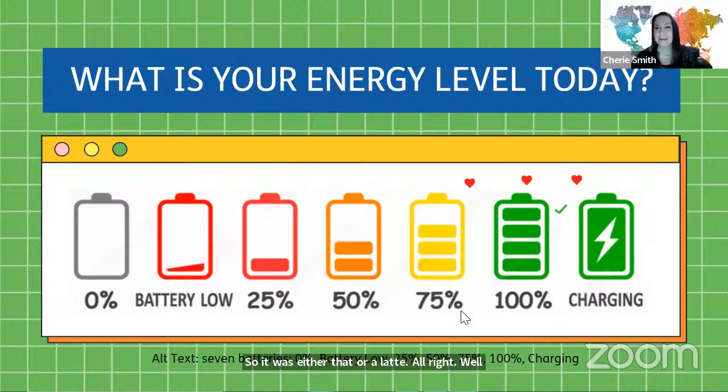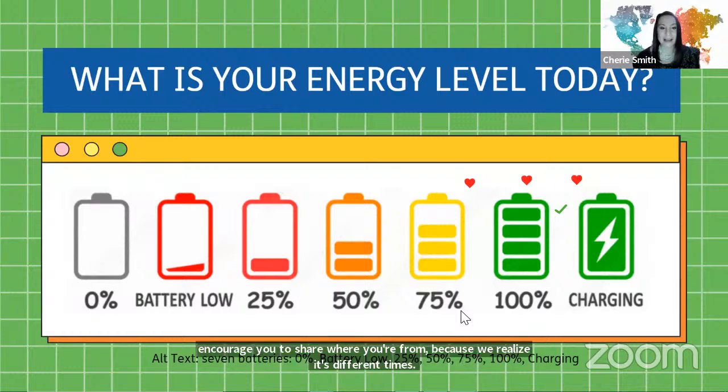All right, well, welcome everybody. I have that it's 10 o'clock on my time, on session time. And so we're going to go ahead and get started. If you were early, you were maybe able to answer in the chat what your energy level is, sharing your percentage. And we also encourage you to share where you're from, because we realize it's different times of day for some of you, and that might have an impact on your energy level.